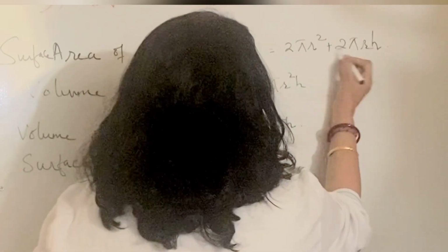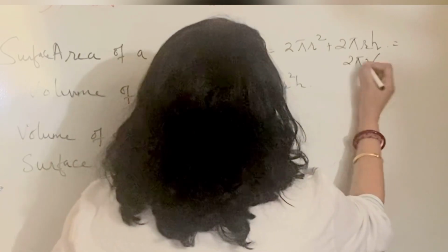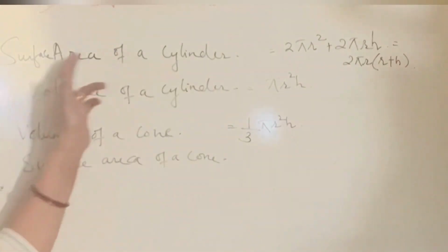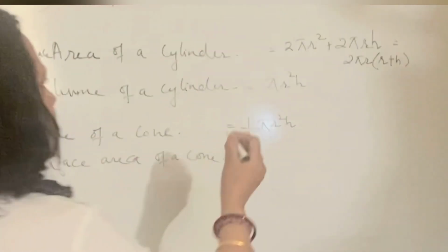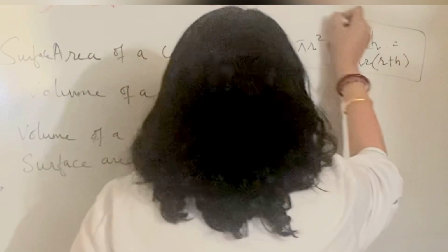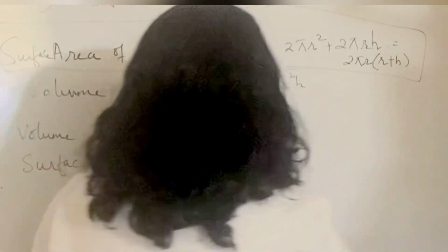Now we can take the common, which is equal to 2 pi r common, r plus h. This was our surface area of a cylinder. This was the formula.